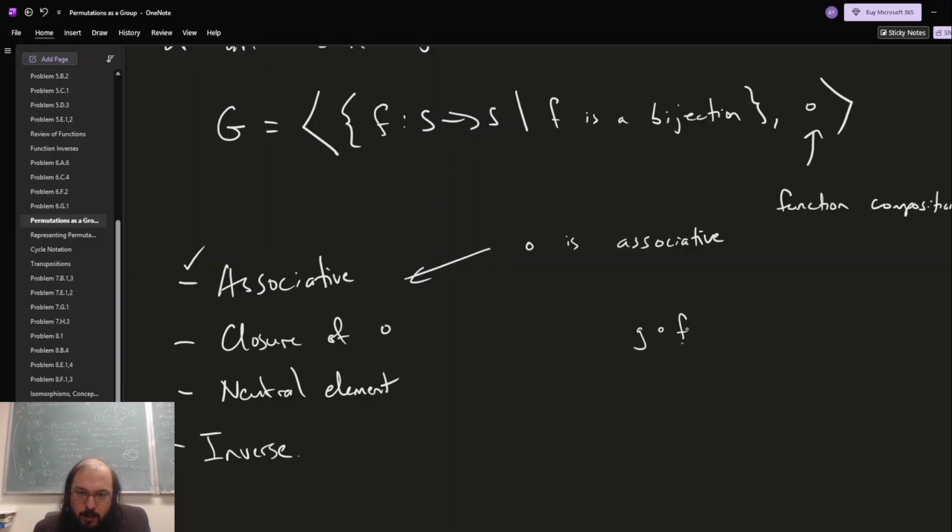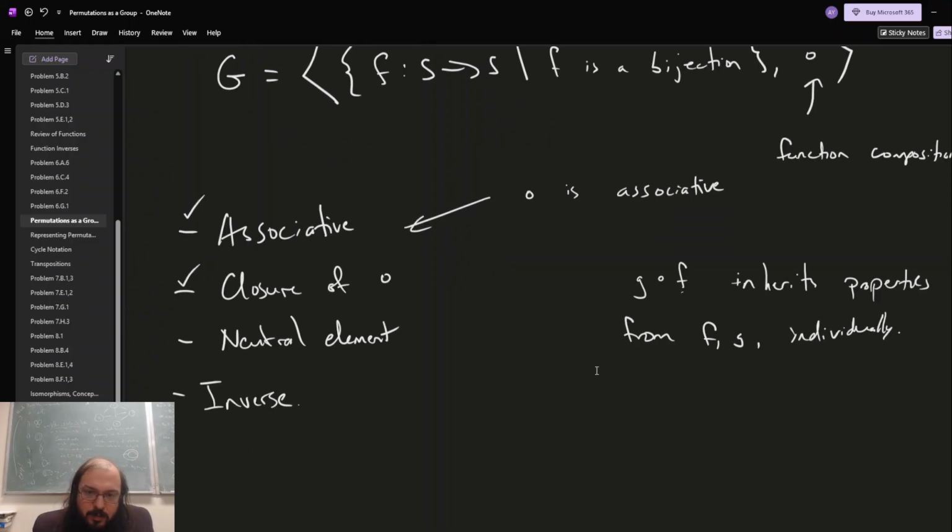And so therefore, g following f inherits these properties from f and g individually. So we're good.